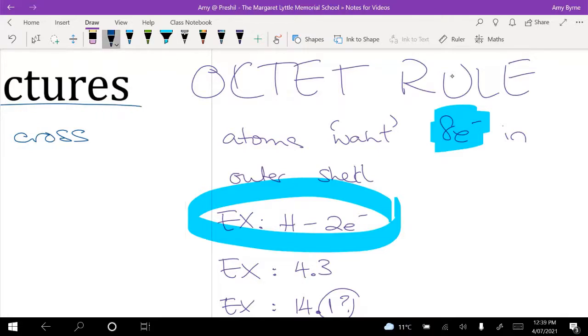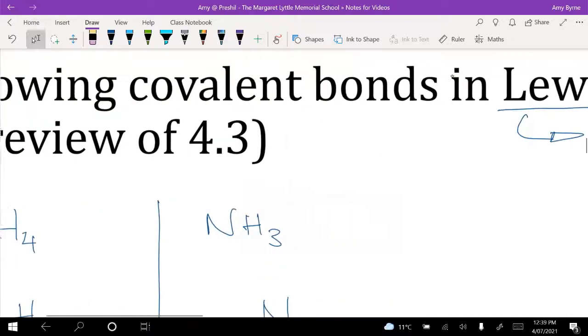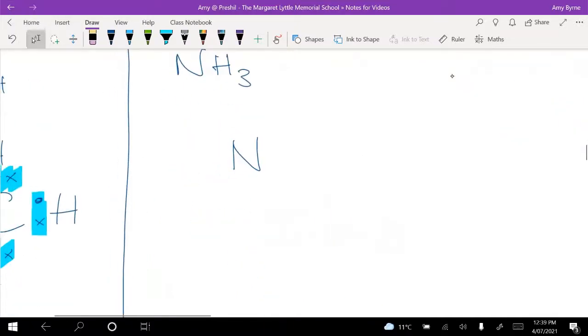So let's go back and look at how we draw ammonia. How many electrons does nitrogen have in its outer shell? It has 5. So nitrogen has 5 electrons in its outer shell, and then each of my hydrogens has 1.